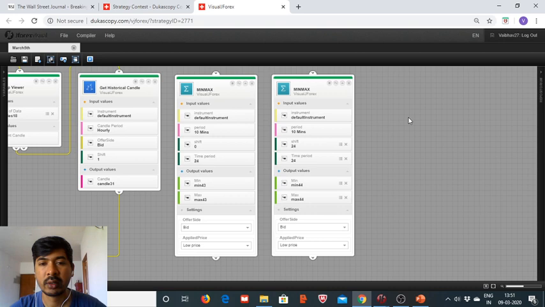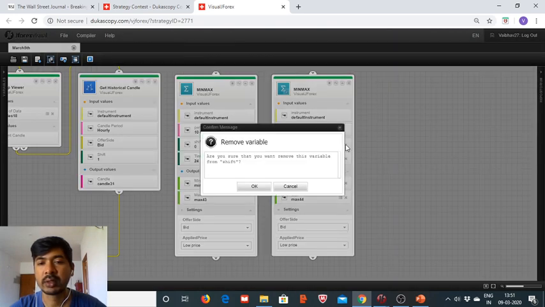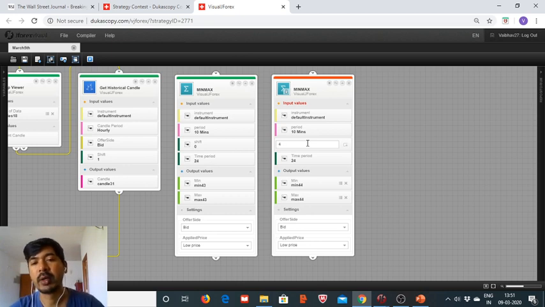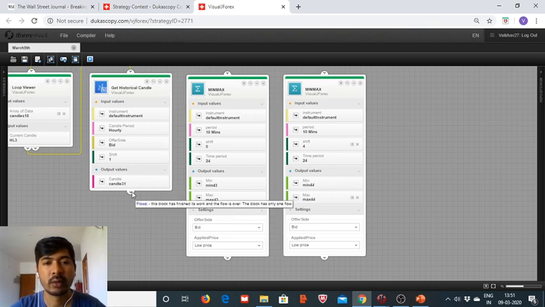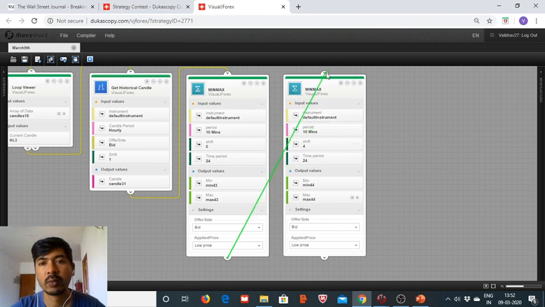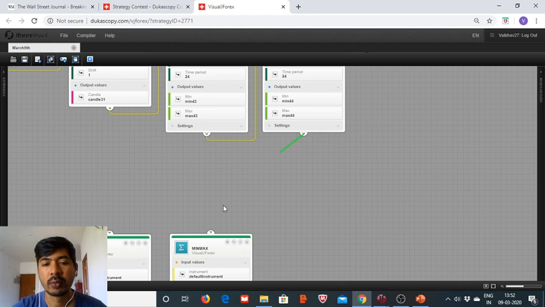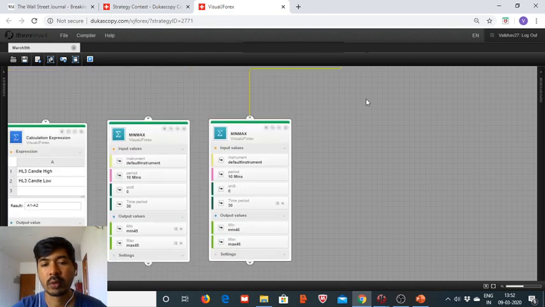So okay, let's change this shift time frame to 4, so that will be 20 minutes back, and we connect this flow to this block. We have kept these prices and bid the lowest price, and now we will connect this to this block on the lower side.